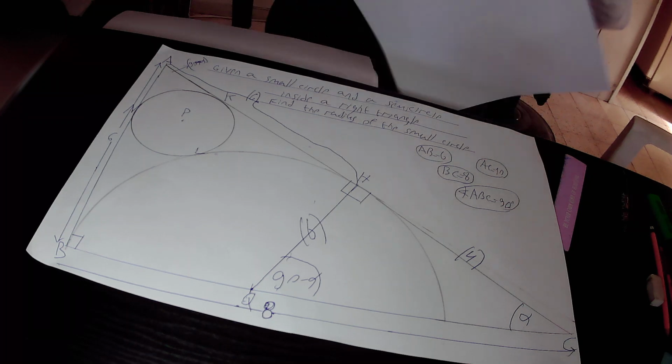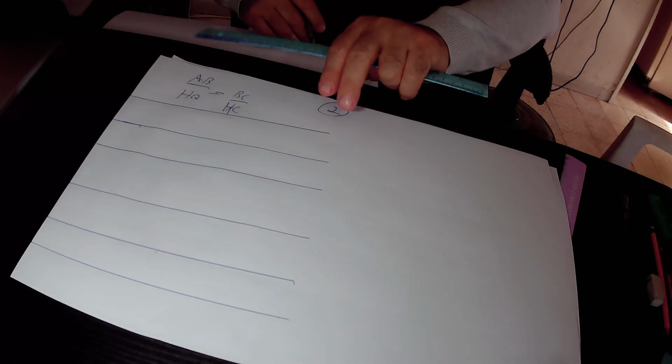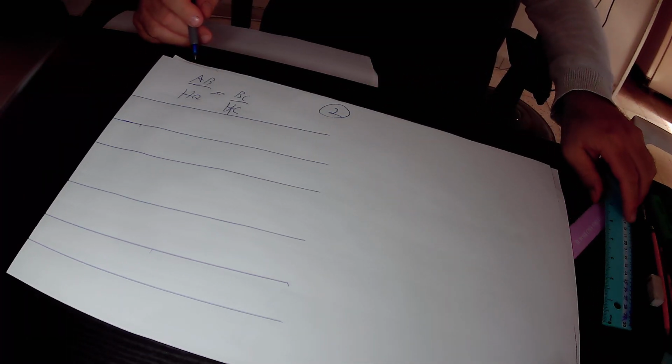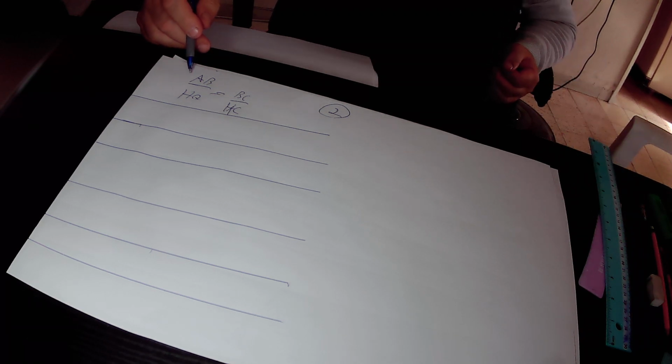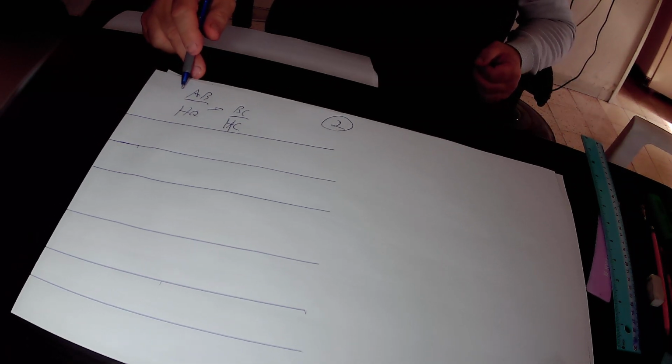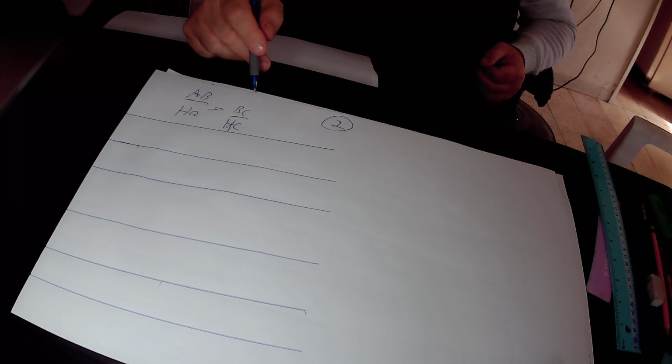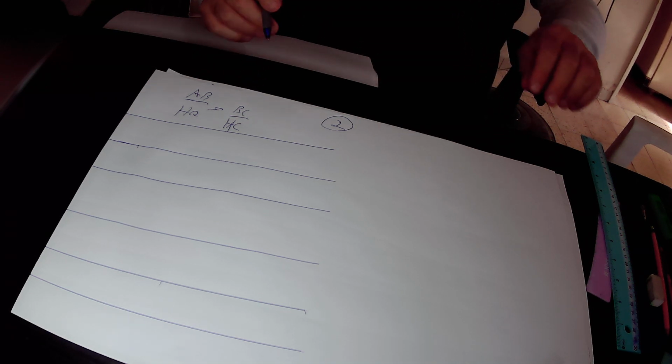Okay, again, we will derive that side AB over side HQ equals side BC over side HC.